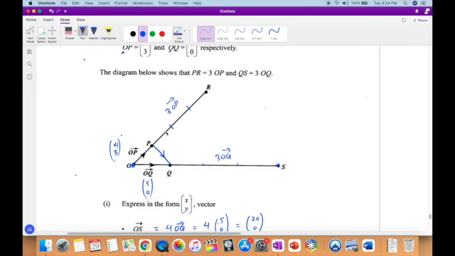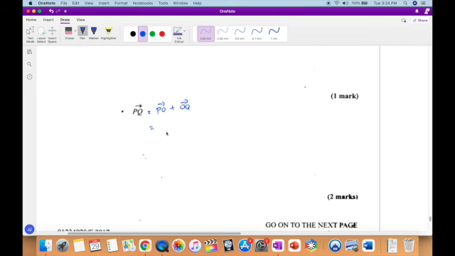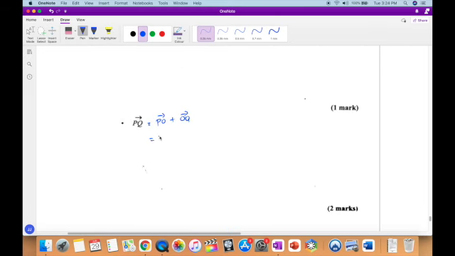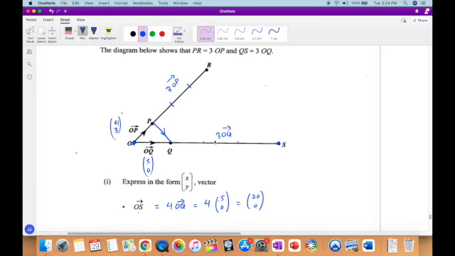So PO is [-4; -3], plus OQ, which is [5; 0]. So I have now 5 minus 4 is 1, and 0 minus 3 is minus 3. So [1; -3] is PQ.